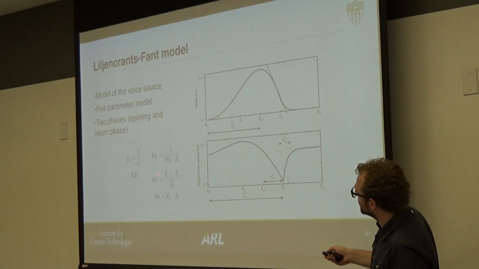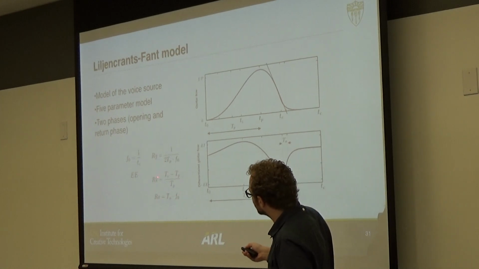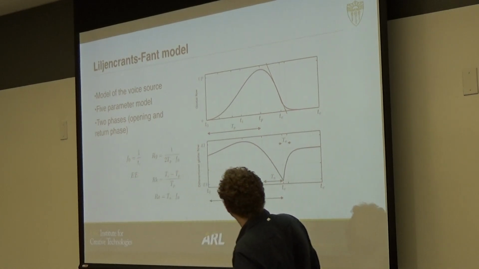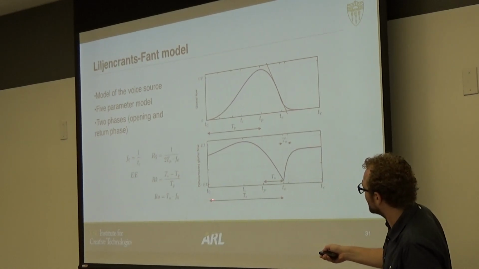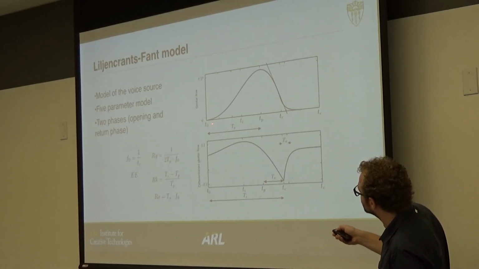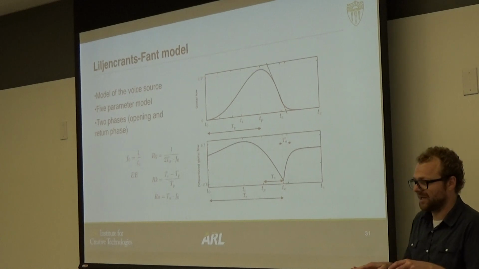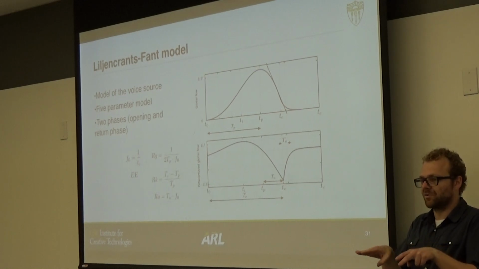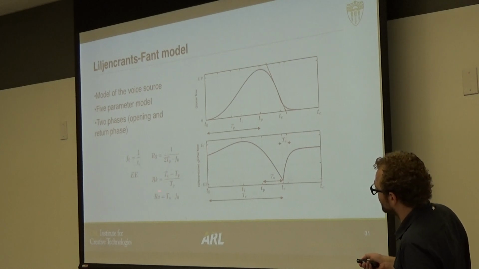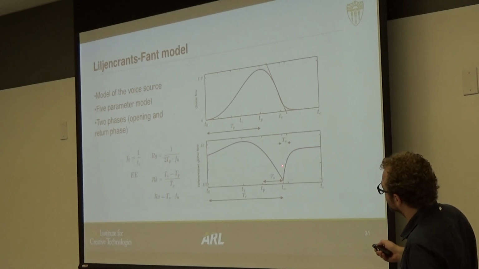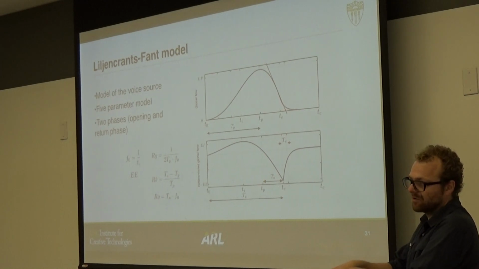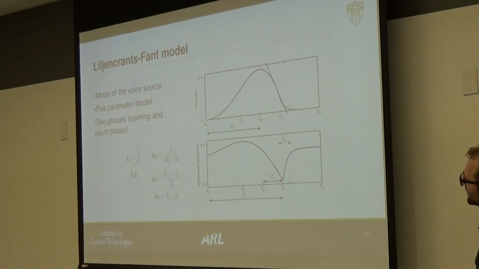Then RK is basically the opening to closing phase minus the TP, which is the relationship between the opening versus the closing phase. And TA times TF is the return phase, or the relaxation phase, how fast that goes in relationship to the fundamental frequency.